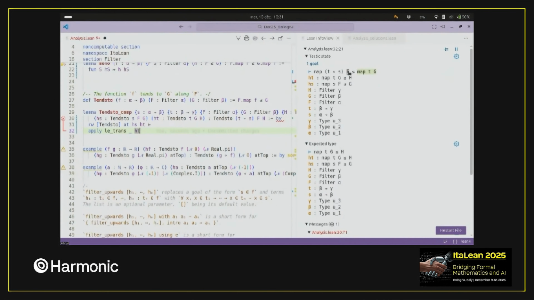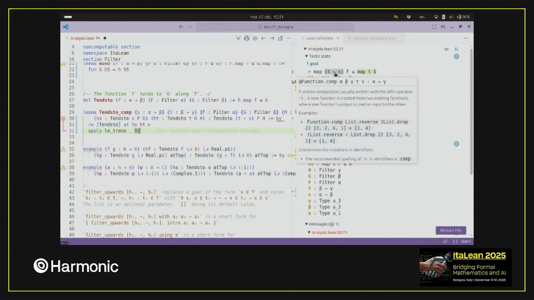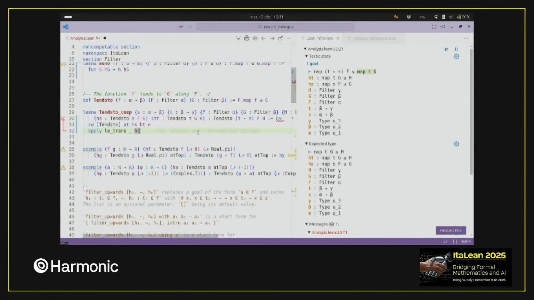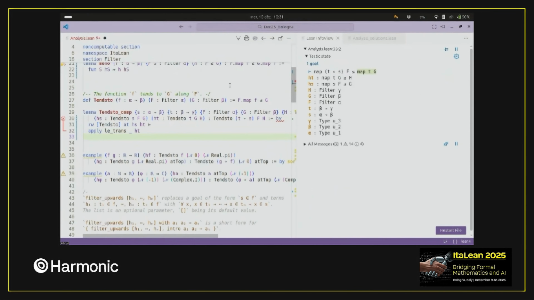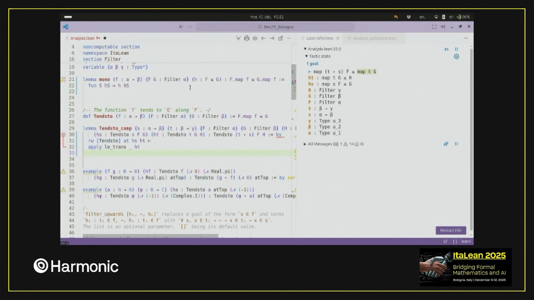What I'm just saying is that the push forward through a composition is the composition of the push forwards. So I can apply my monotonicity statement. What I want to use here is that T is a monotone function and therefore transforms this inequality into a map of TSF is less or equal than map of TG, which is what I have.